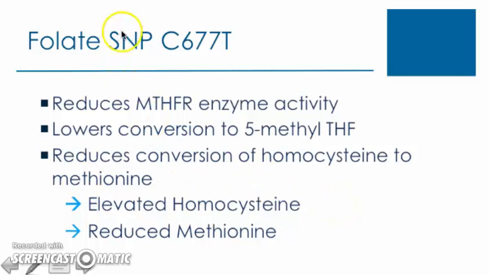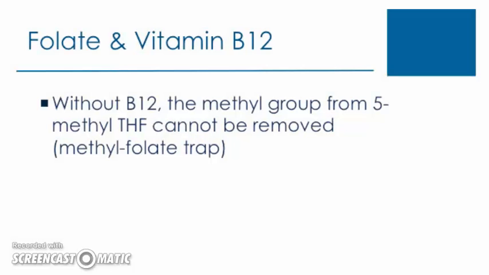This polymorphism is also associated with neural tube defects in women during pregnancy. So an individual with lower folate activity, lower activity of this enzyme, may also be at risk for neural tube defects. So we'll look at interactions between folate and vitamin B12.